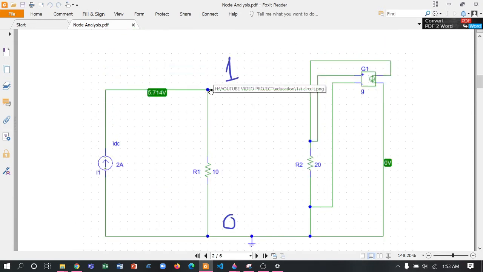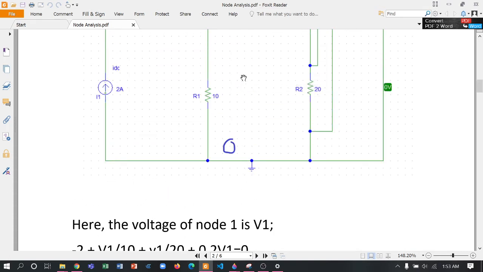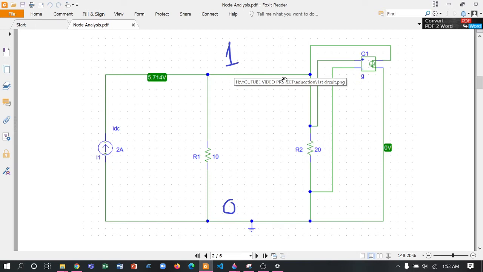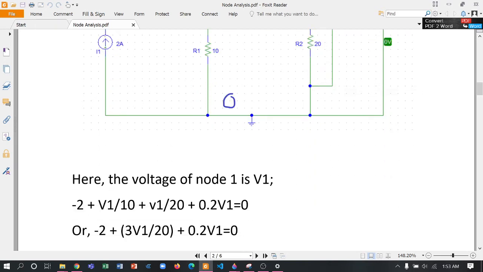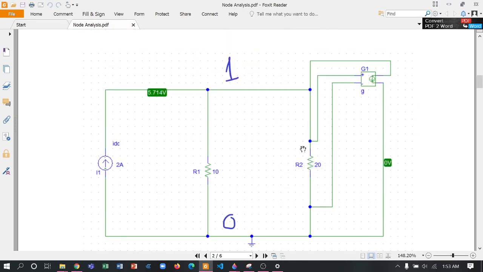Then plus V1 minus 0, that means the voltage across this R1 resistance, V1 minus 0 divided by 10. Then plus V1 minus 0 divided by 20. Sorry, that's the voltage across this R2.